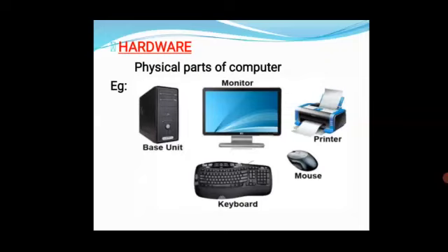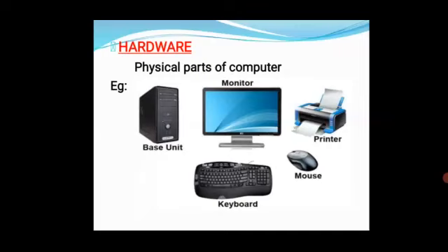What are all the hardware parts? So many hardware parts are available, but here I have given only some physical parts of the computer: monitor, base unit, which is nothing but the CPU, keyboard, mouse, and printer.